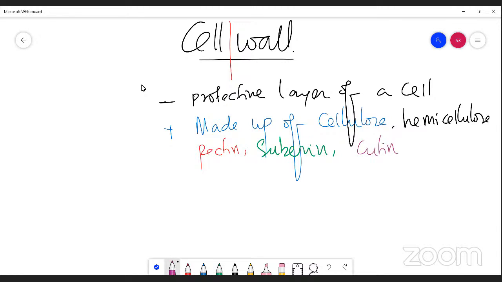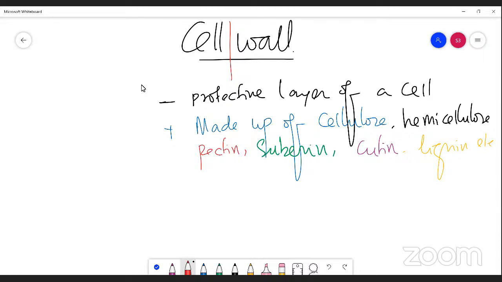So simply, the cell wall is composed of various components like cellulose, hemicellulose, pectin, suberin, cutin, and one more thing, lignin, etc., along with water.